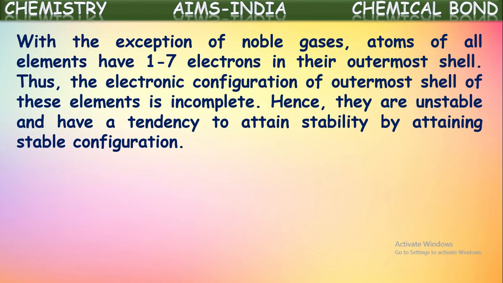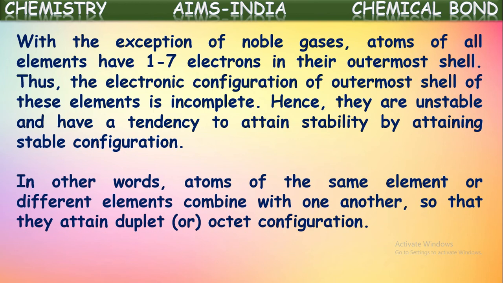Hence, they are unstable and have a tendency to attain stability by attaining the stable configuration. Those elements which do not have duplet or octet configuration are not stable elements. These unstable elements tend to get that stable configuration either by gaining, losing or sharing electrons.